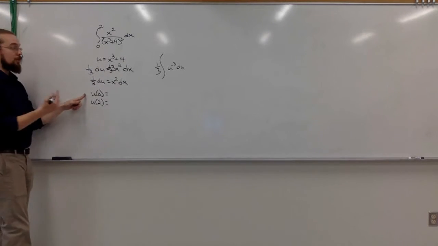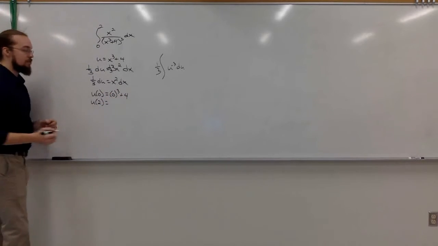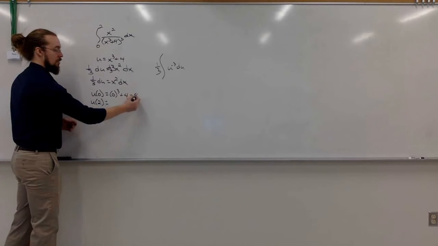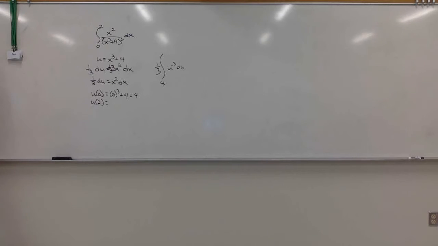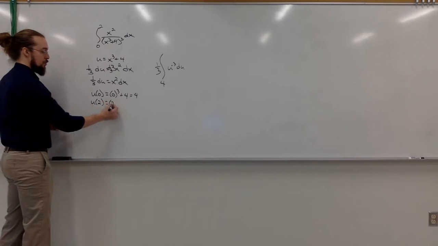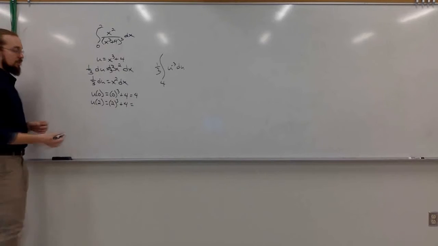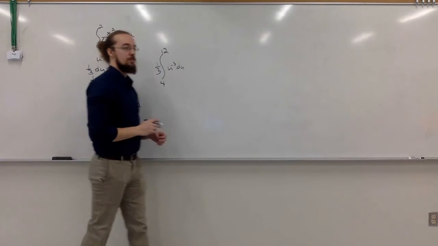So if I evaluate u of 0, that's going to be 0 cubed plus 4. So my lower bound, when I do my u substitution, becomes 4. Do the same thing with 2. Plug 2 in, so 2 cubed plus 4 is 12. So my upper bound now is 12.